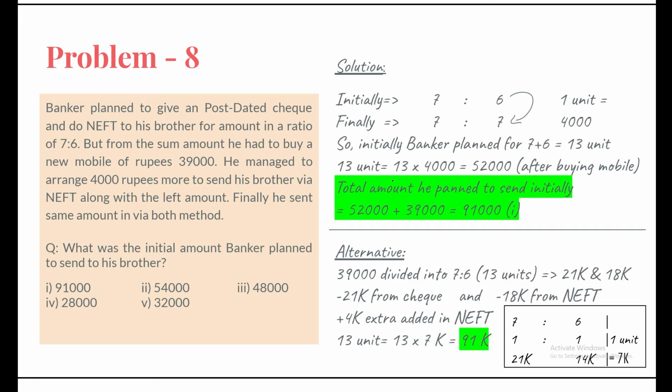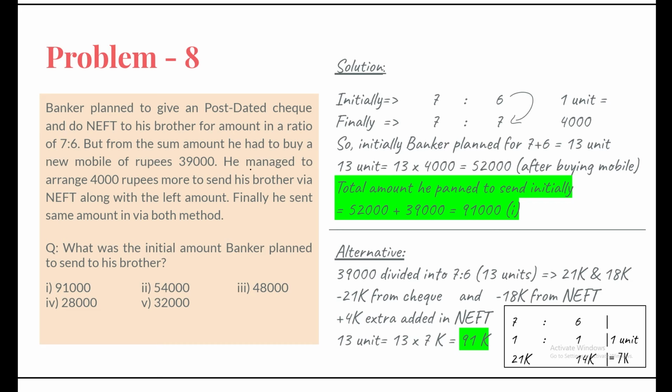Now, if we just think that there is a change, that 39,000 amount was taken from the total amount he planned initially. So there is no change in the ratio here. So this one was taken as the same ratio. So till here there is no change in the ratio.